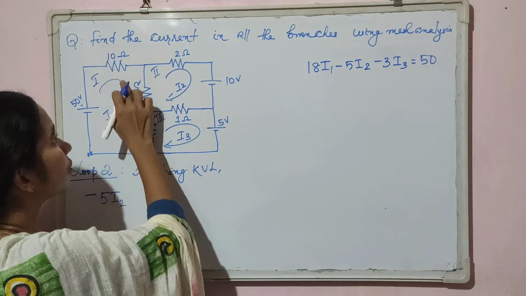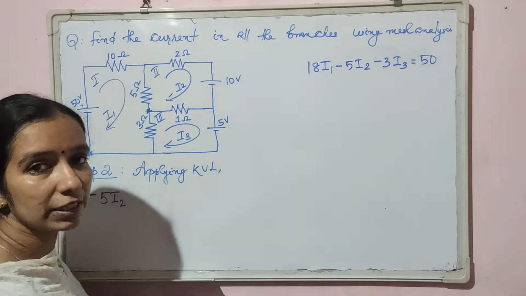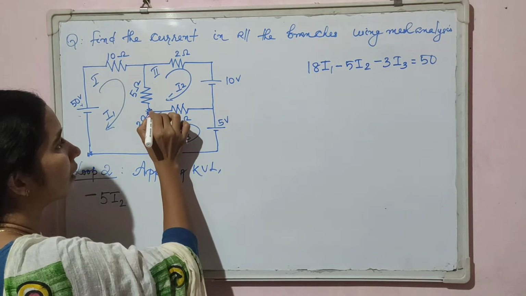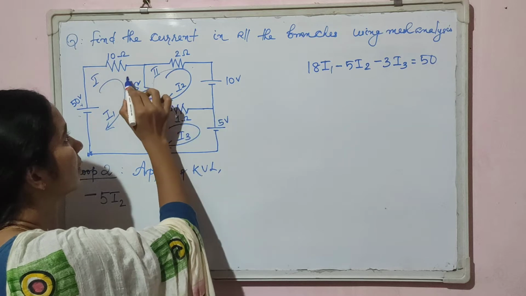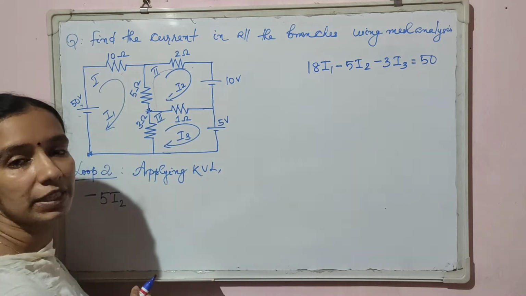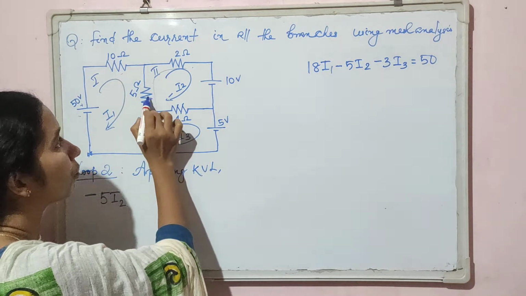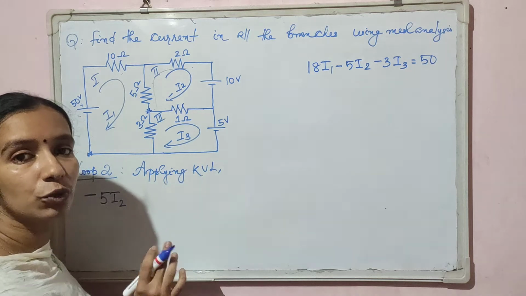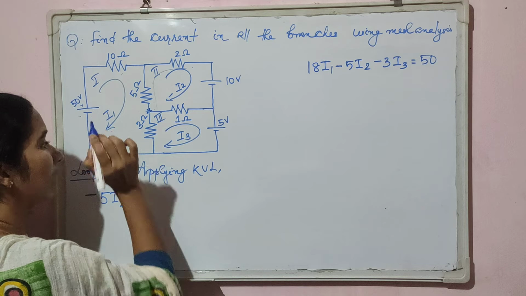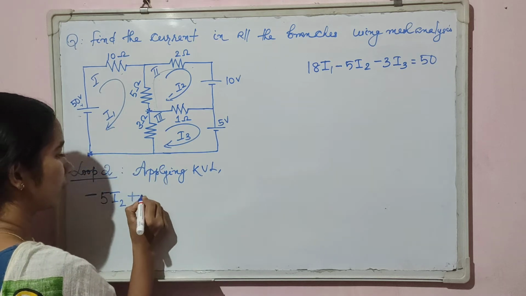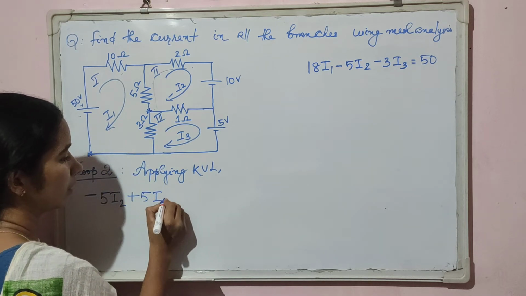So current I1 is also flowing through this 5 ohm resistor. In loop 2 I am proceeding in this direction, but I1 is flowing in the opposite direction. So the voltage drop on the 5 ohm resistor due to I1 will be positive, that is plus 5 into I1.